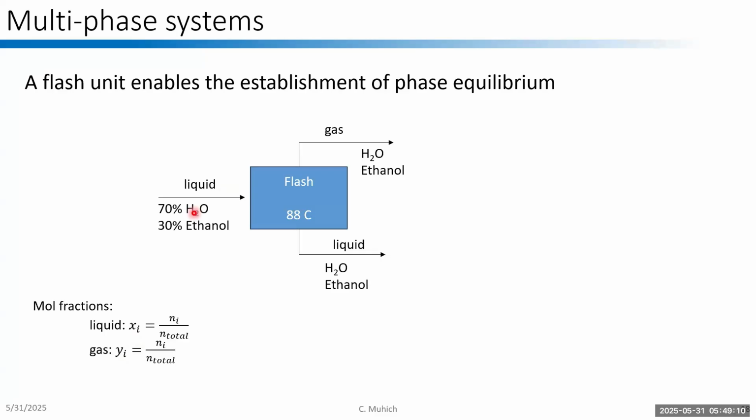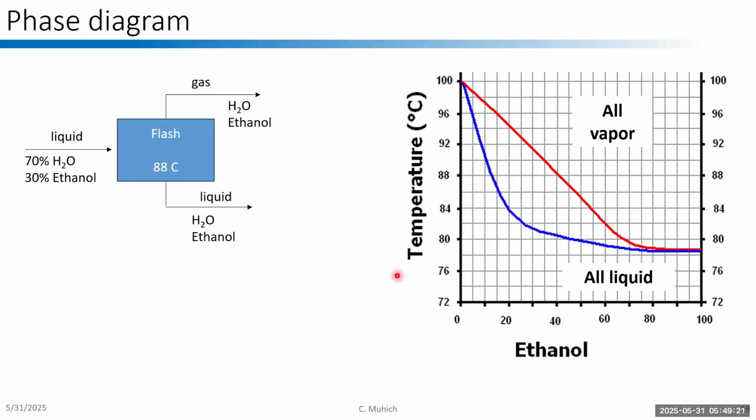Okay, so to solve this mass balance, as we've seen multiple times, all we need is the composition of these gas and liquid streams. And we can get that through things like a phase diagram. So here's our flow diagram, and here is a phase diagram of ethanol mixed with water.